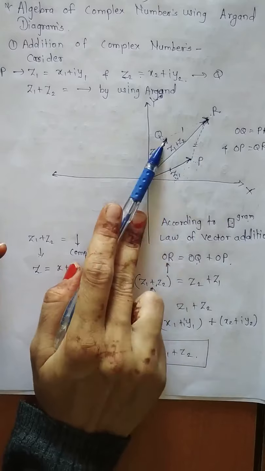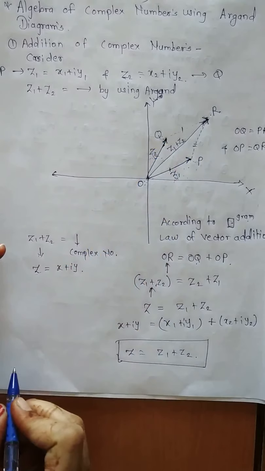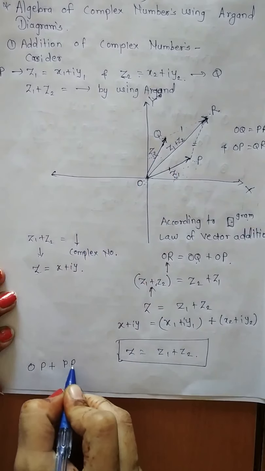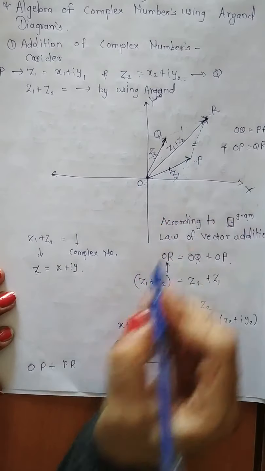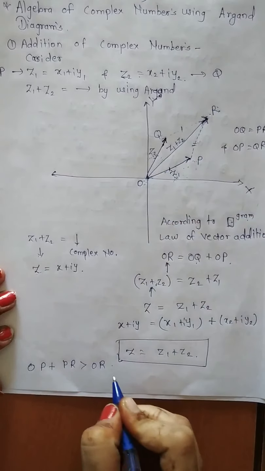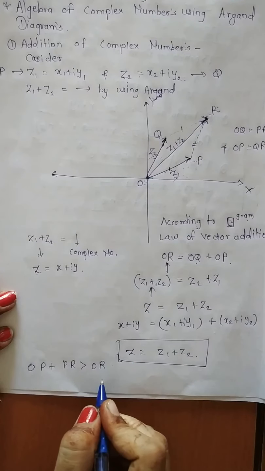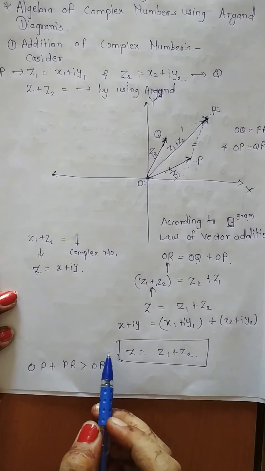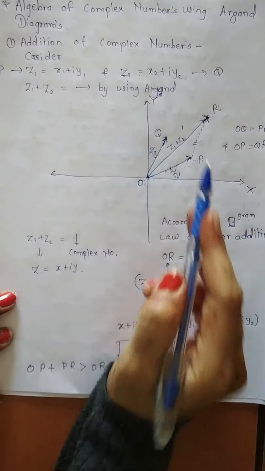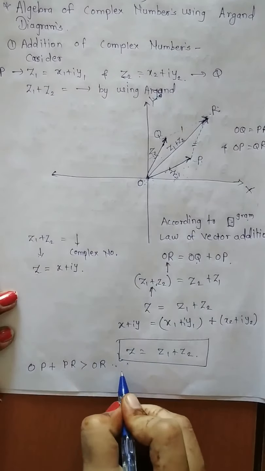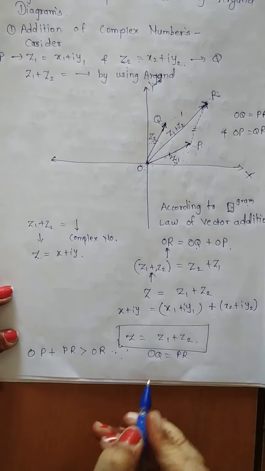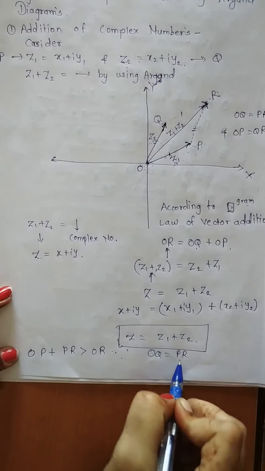Now since the sum of two sides of a triangle is always greater than the third side, I can say that OP plus PR, the addition of these two sides, will always be greater than this diagonal, that is OR. Or I can also say OP plus OQ, how? Since I know that OQ is equal to PR, instead of PR I can put OQ.